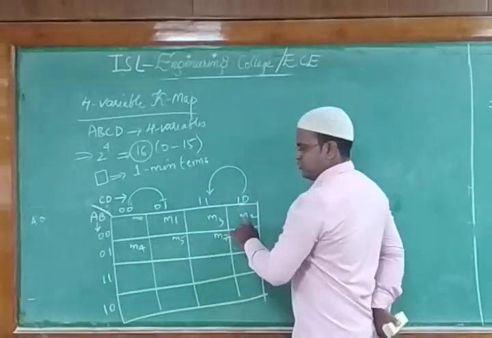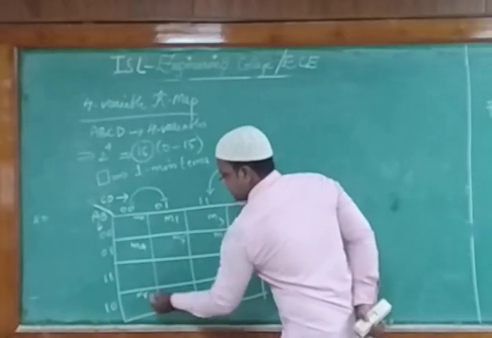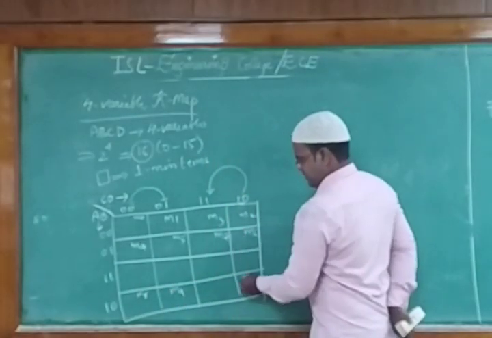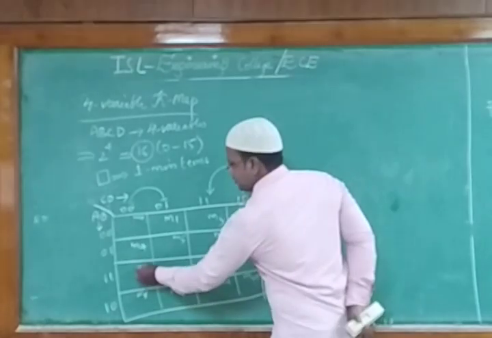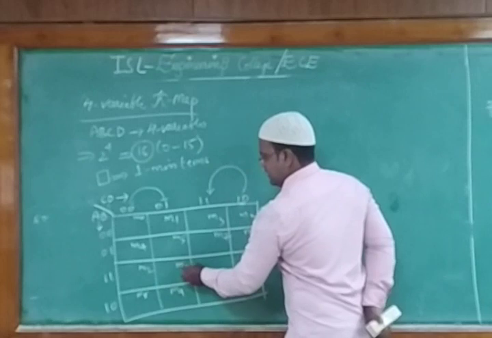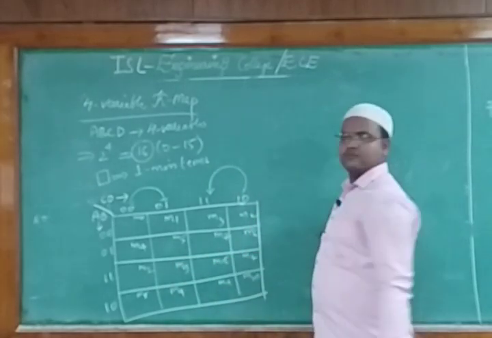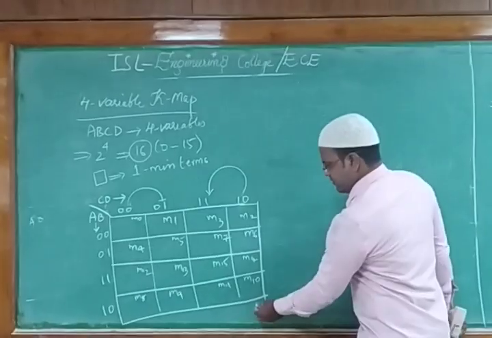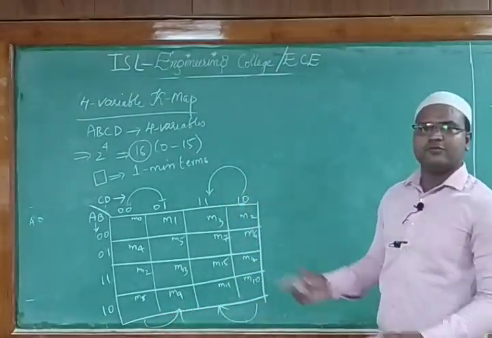So 0, 1, 2, 3, 4, 5, 6, 7. Then 8, 9, 10, 11, 12, 13, 14 and 15. So how have we taken it? From this end to this end, from this end to this end. Now check whether it is proper or not.